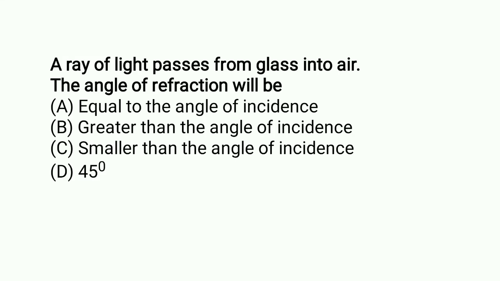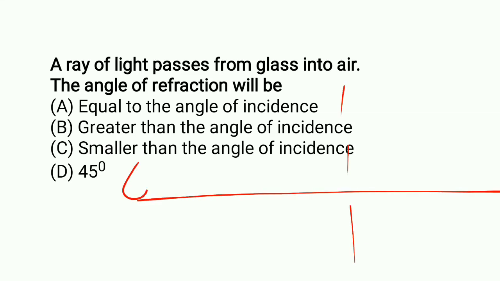Next question. A ray of light passes from glass into air. The angle of refraction will be... Let me consider one diagram. Suppose this is the glass medium and this is the air medium. The ray of light is passing from glass, and this is the actual path of the ray. Whenever a ray of light travels from one medium to another, it bends.